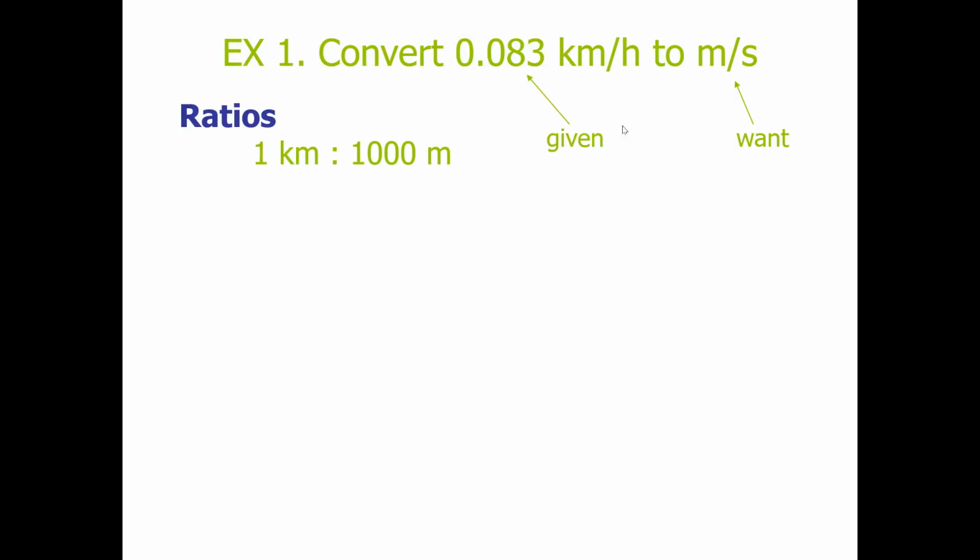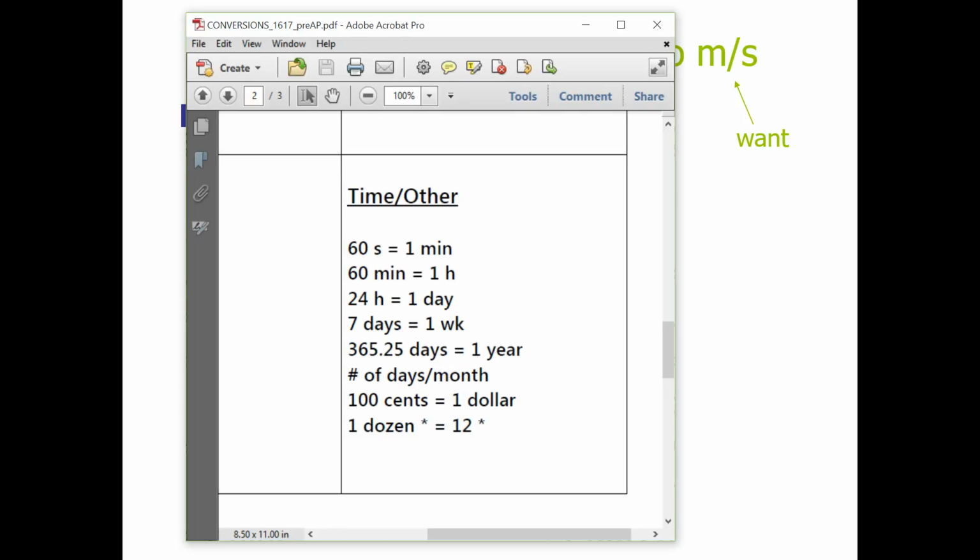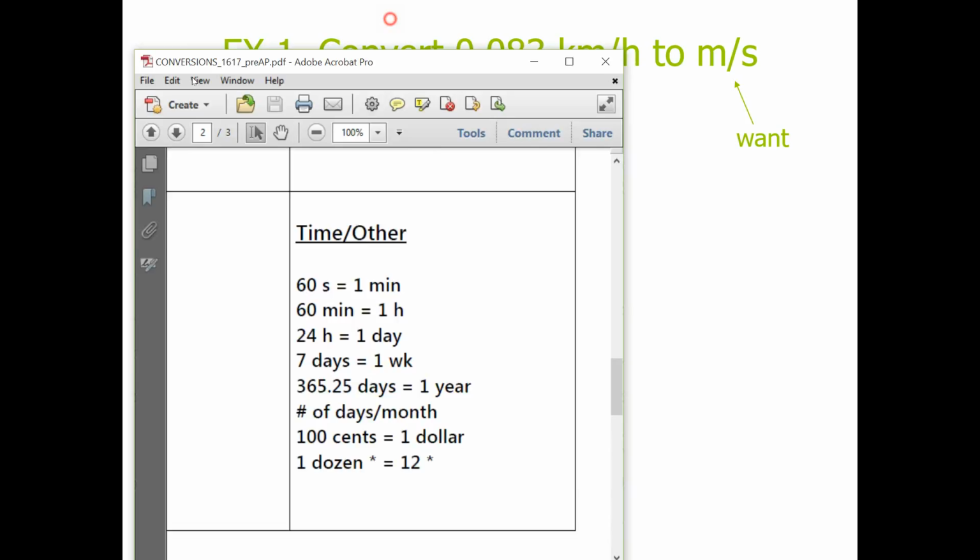The next thing we want to do is think about the conversions between hours and seconds. Hours and seconds are related through time, and this is common knowledge. I think you shouldn't have to refer to your conversion sheet, but if for some reason you need to, here are your ratios from hours to minutes and minutes to seconds.